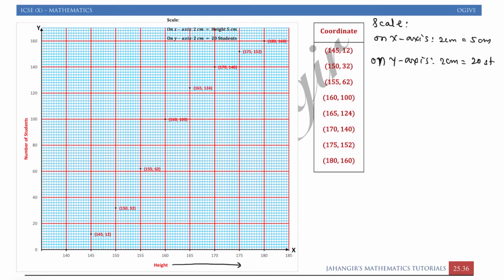Just label out the x-axis. We need to make a kink, because the first block represents 140 height and later on it represents a gap of 5 in height, so we will make a kink. Students we will just put 20-20 gaps and put arrows. Once this is done, we are just going to plot the coordinates.